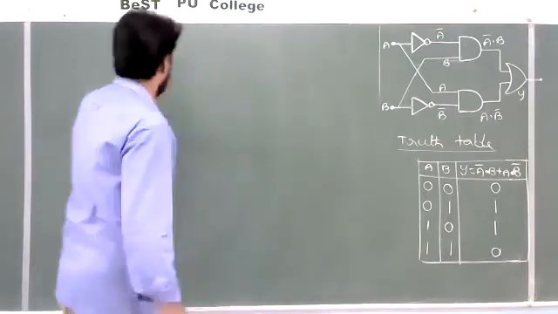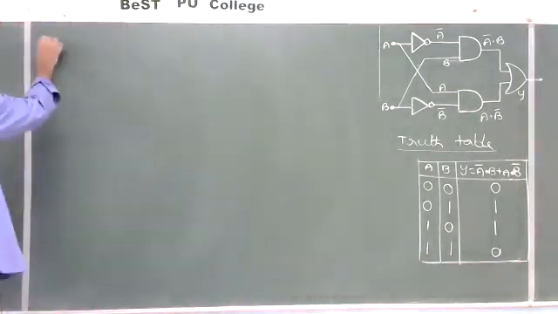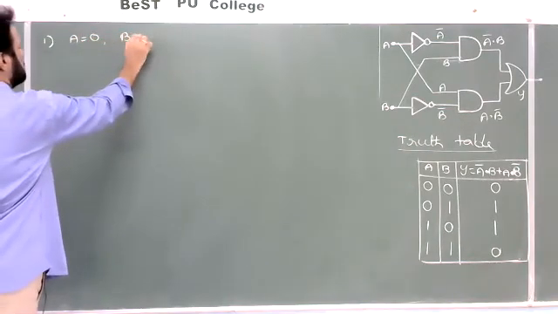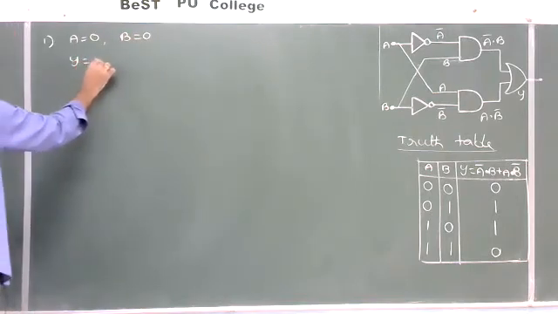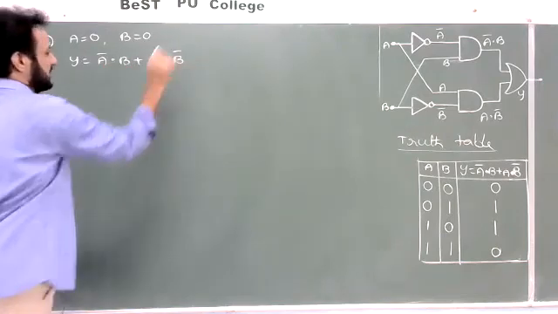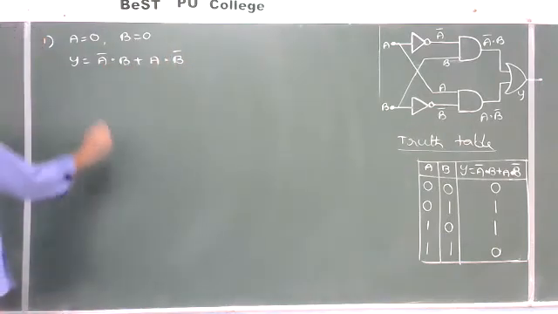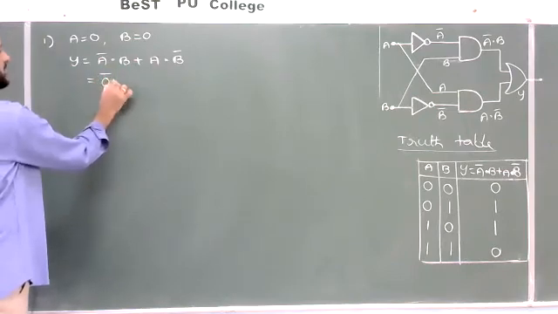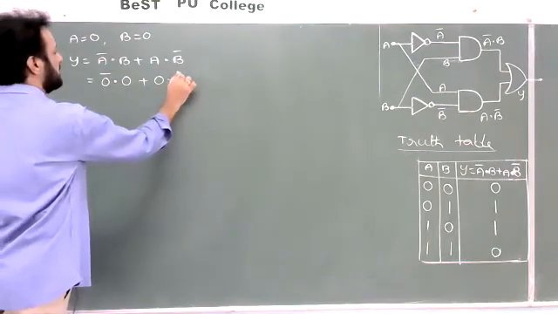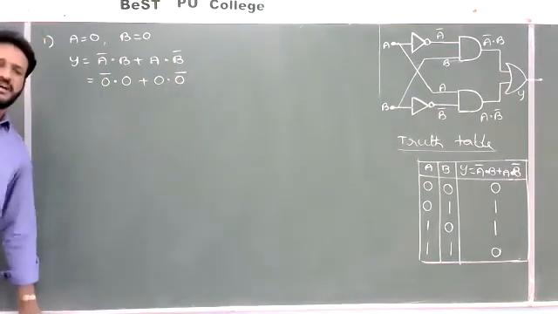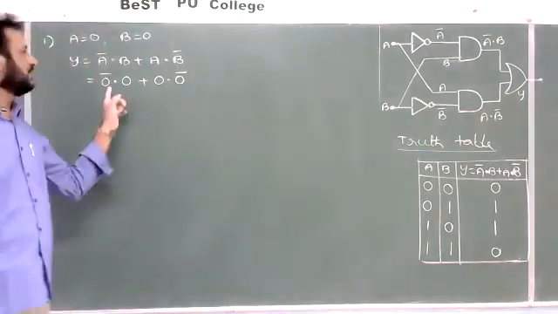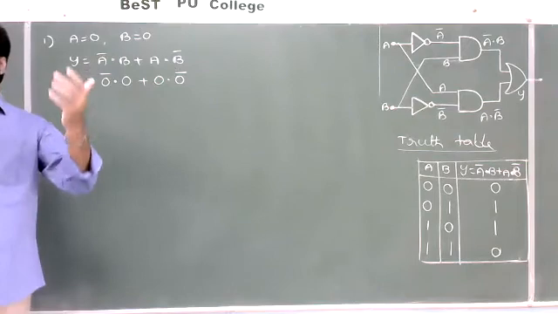I'll take the formula and check here. First case, A is equal to 0, B value also 0. The expression Y is equal to A complement into B plus A into B complement. I'll write 0 complement into 0 plus 0 into 0 complement. But 0 complement is 1, because 0 is a low signal, and the opposite of low is high.